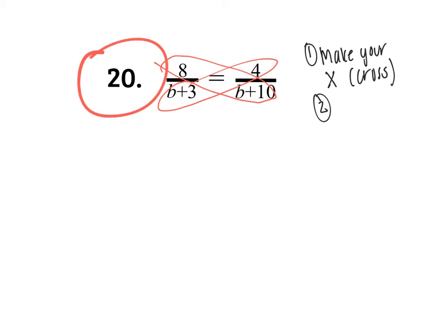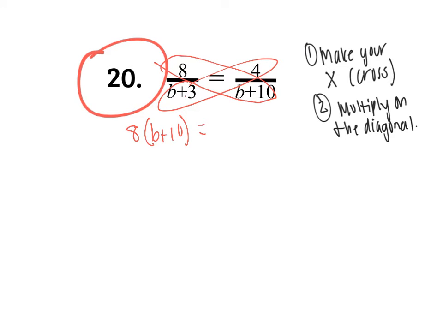Okay, step 2 is we're actually going to multiply on the diagonal. So you're multiplying the things that you've circled and kind of grouped together, right? So I have 8 times (b plus 10) equals 4 times (b plus 3). So all I'm doing is I'm taking the things in the diagonal and multiplying them together. And you drop the equal sign down.